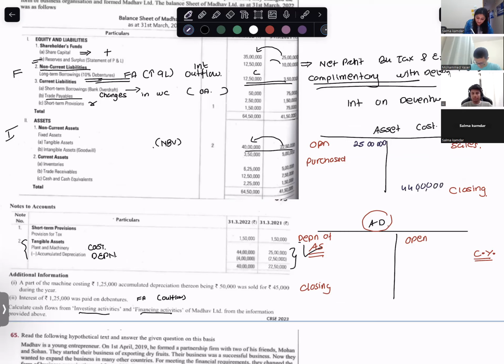So I have just put the information, right? Yes, ma'am. Accumulated depreciation. Opening balance how much? 2 lakh 50. Closing balance is how much? 4 lakh.